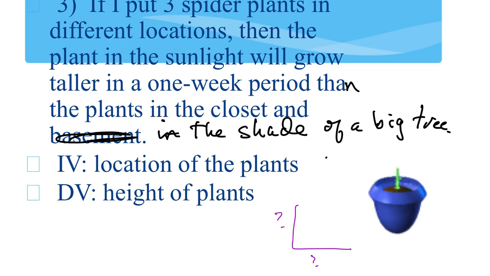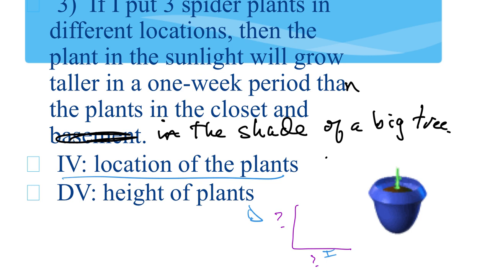Okay, once again, here we go with the amount of daylight given a plant in its growth. So I'm manipulating the amount of light that the plant gets. So that'd be the location of the plants. And I put that on my independent variable axis, which is the x-axis, and the height of the plants depends on the amount of light it gets.